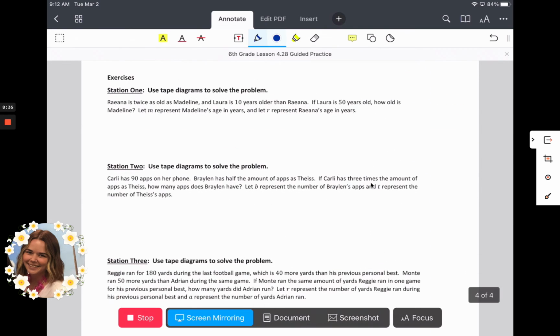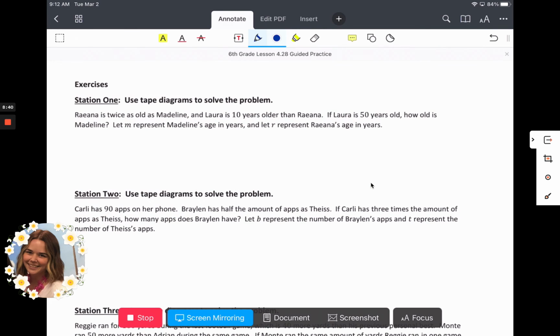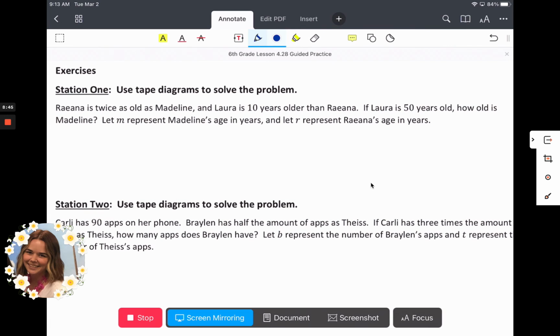So let's take a look at a couple other examples. Our next example says Rihanna is twice as old as Madeline, and Laura is 10 years older than Rihanna. If Laura is 50 years old, how old is Madeline? So let's start with some tape diagrams. We know that Rihanna is twice as old as Madeline, so we can say that this is Madeline.